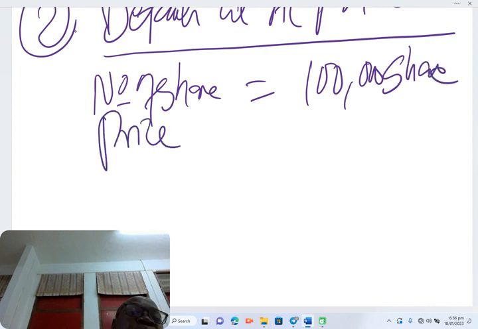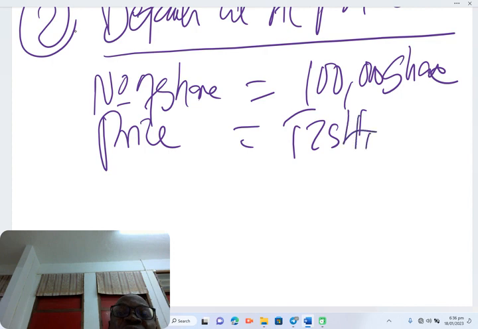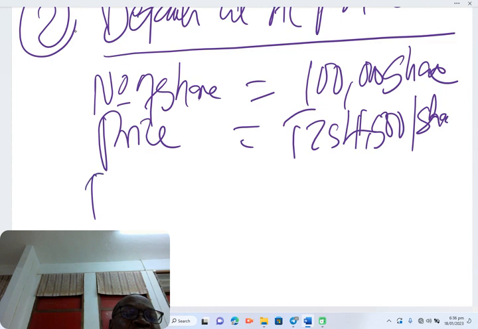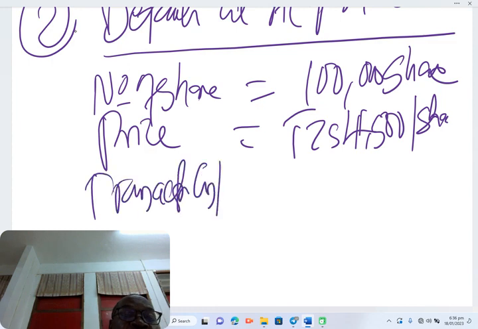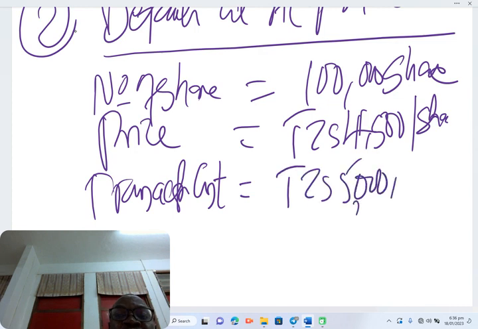And the price per share is 4,500 per share. Transaction cost is 5 million.